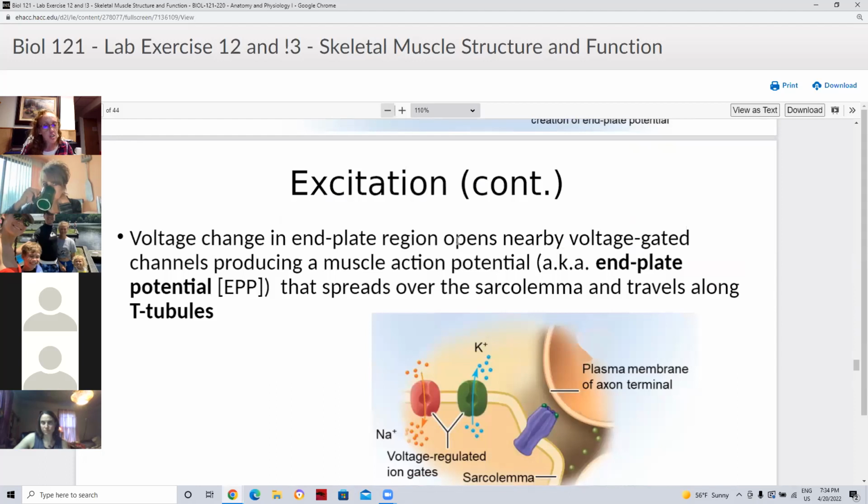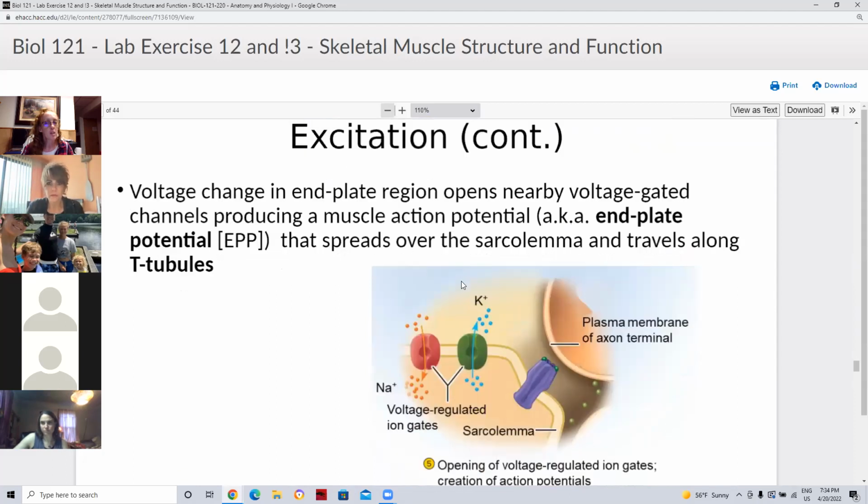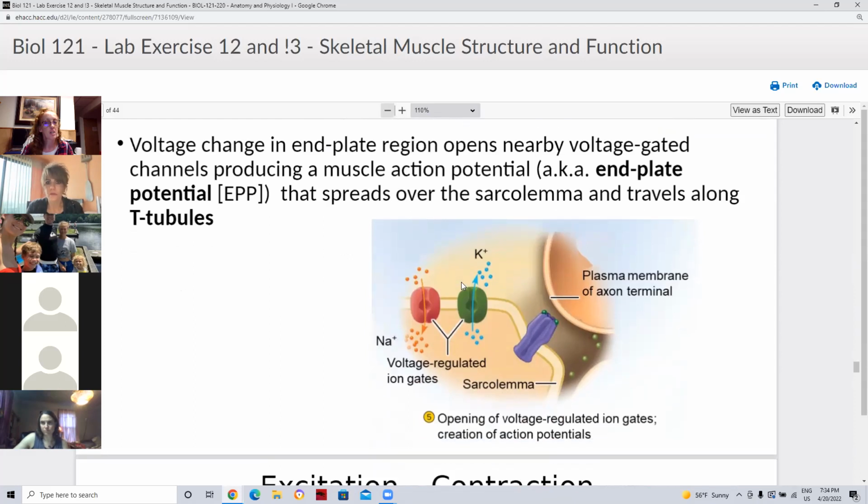Voltage changes in the end plate region are going to open nearby gated channels, producing the muscle action potential that spreads over the sarcolemma and travels along the T-tubules. Remember how those T-tubules are indentations of the sarcolemma.